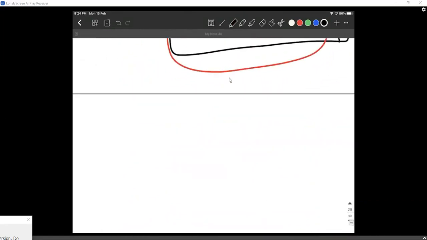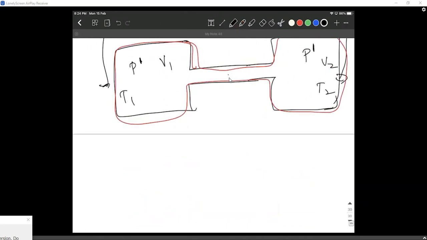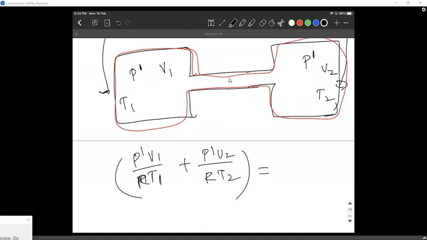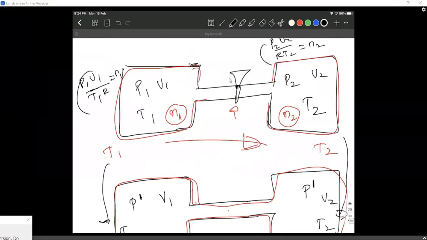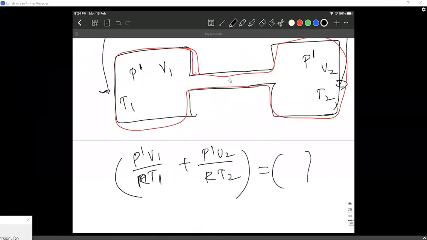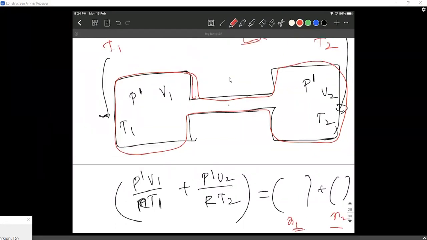Here, I'm going to write P dash V1 by R T1 plus P dash V2 by R T2. This is the total number of moles. I'll equate it to the initial number of moles, the total. Initially we have N1, N2, right? So I'll put N1 here and N2 here.